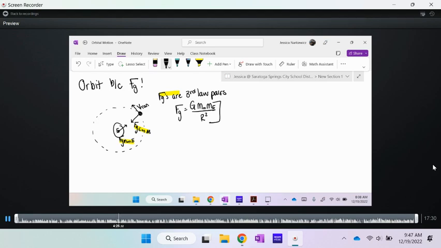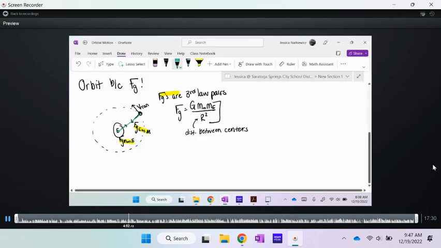And remember, the r is the distance between centers, right? So it's not the radius of the Earth, it's not the radius of the moon, but rather this distance here, the distance between the centers. We talked a lot about that when we talked about force of gravity.